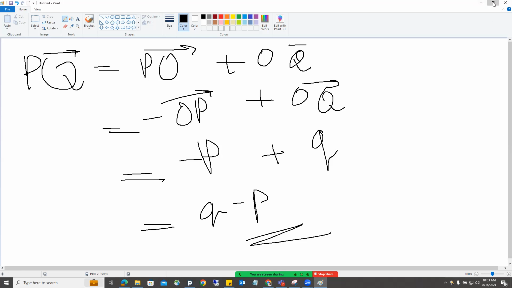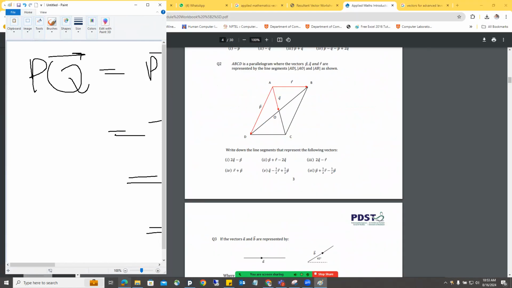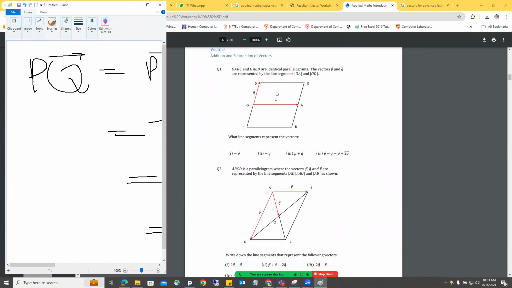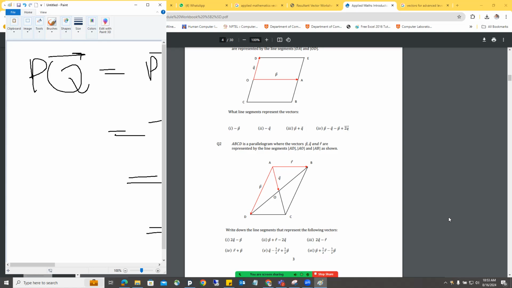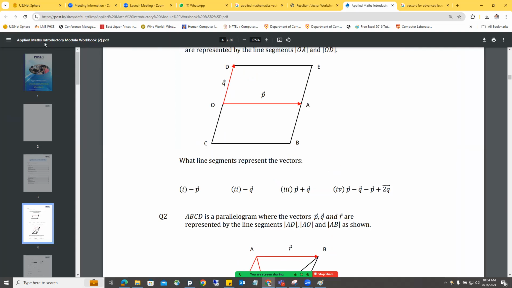Yes. Okay. Now I'm giving you a few questions before we move to the equality parts. Can you do these two MCQ questions? Can you see this one?